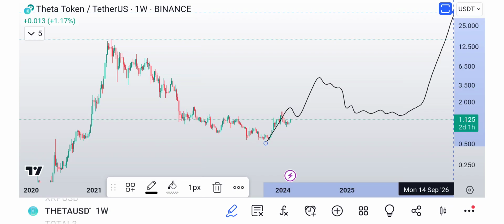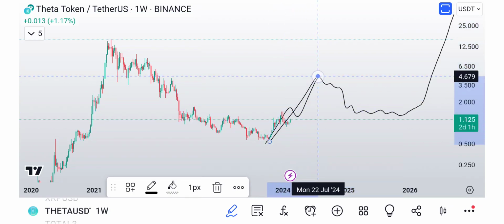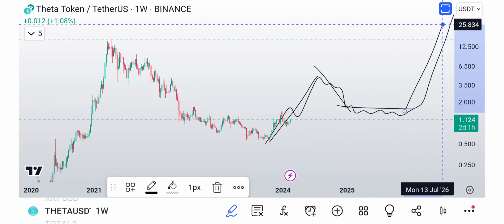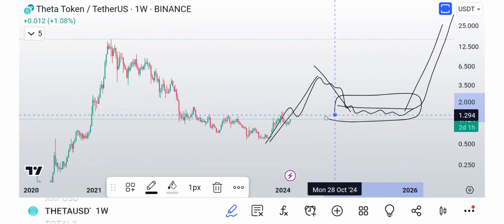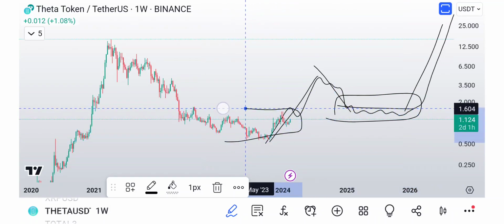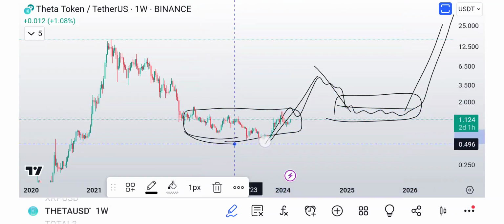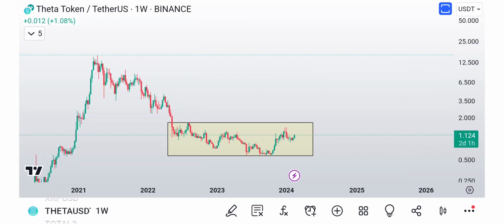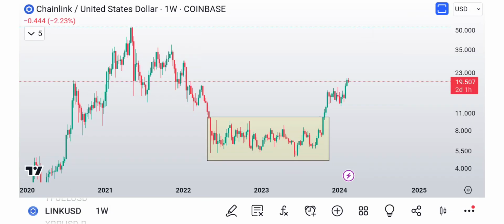So my whole thing is retrace, reaccumulation, sideways, breakout. And this sideways is a base that consolidates above this base, right? So the first order of business is breaking out of this range, just like Chainlink did.